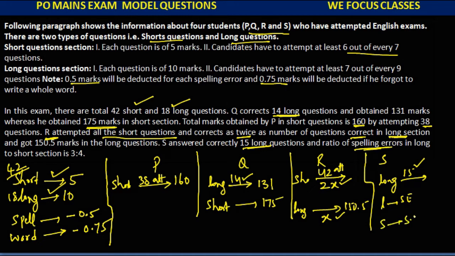This is what he has given in the form of a ratio, 3:4. If in the long it is 3, in the short it is 4. Let us say in the long it is 3y, in the short it would be 4y. We don't know what y is. So the ratio is given. This is how we need to copy down the data.